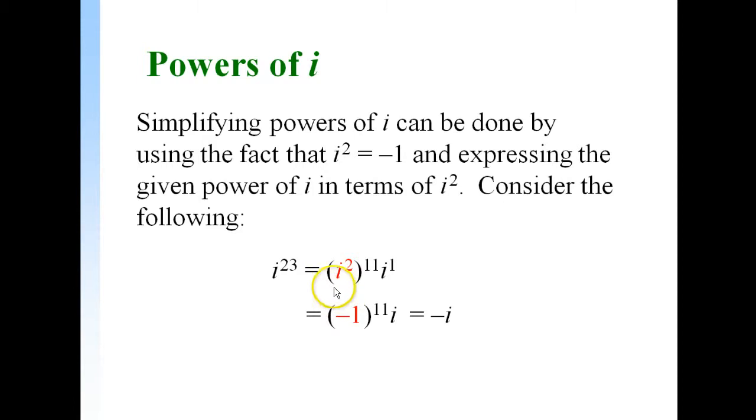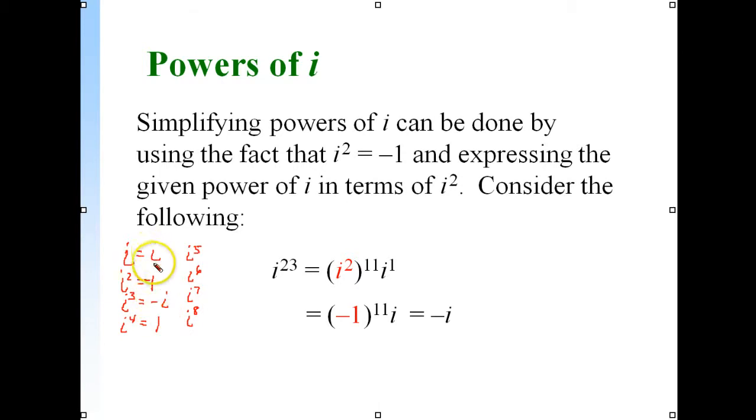Okay, powers of i, and I want to give you a little background on this. Now, as we look at powers of i, i to the first equals i. i squared, we know, equals negative 1. i to the third equals i to the first times i to the second, which is negative 1 times i, which is negative i. i to the fourth is i squared times i squared, negative 1 times negative 1, which is a 1.